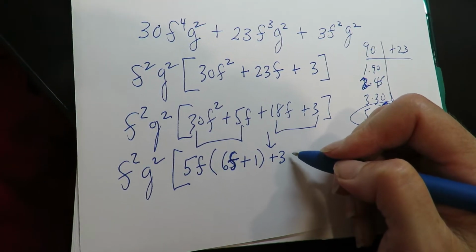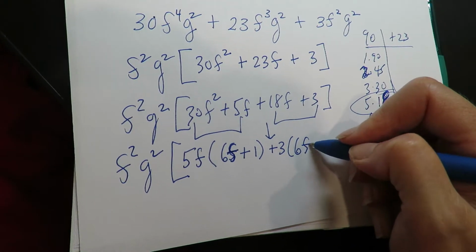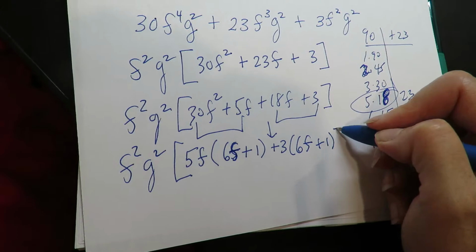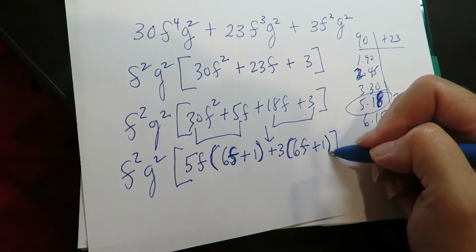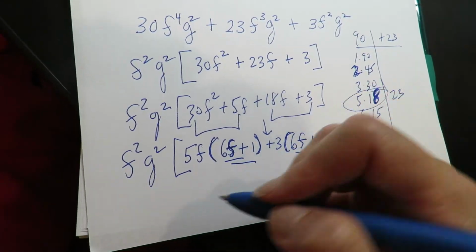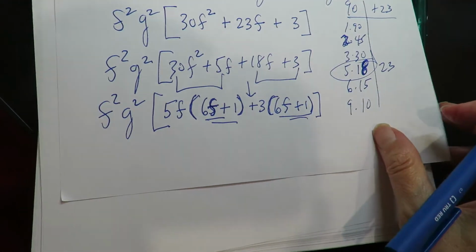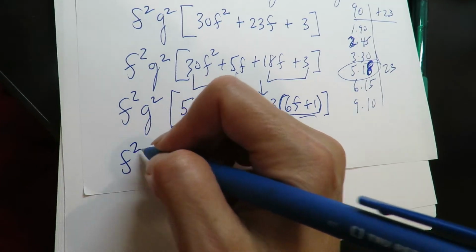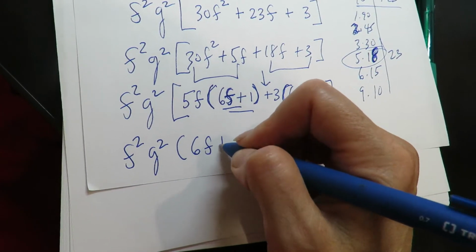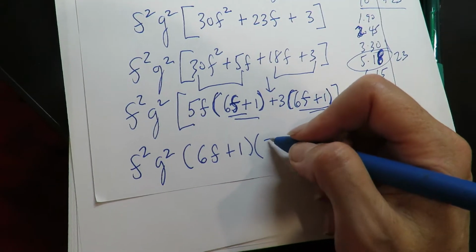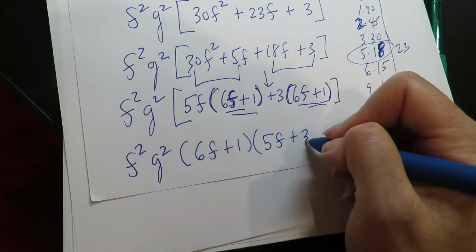F. Okay, now I'm going to pull out the common binomial. And I'm left with 5f plus 3.